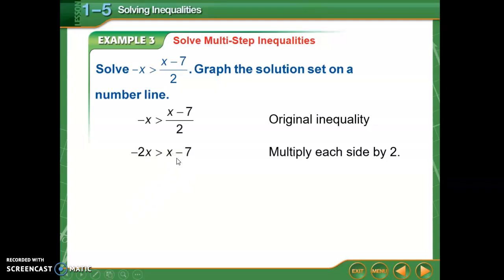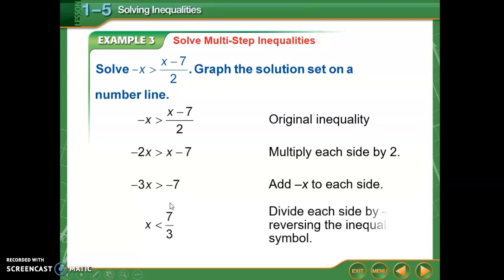And then we're going to combine our x's, so subtract x from both sides. So you will get negative 3x here. X disappears. Negative 7, bring it down. And then divide both sides by negative 3. So x, since you divided by negative 3, switch the sign from greater than to less than.